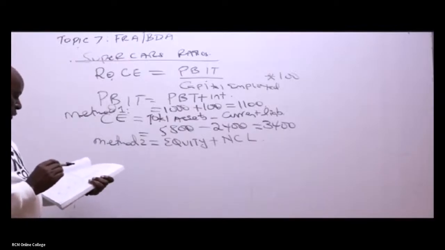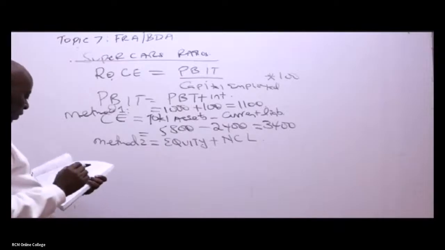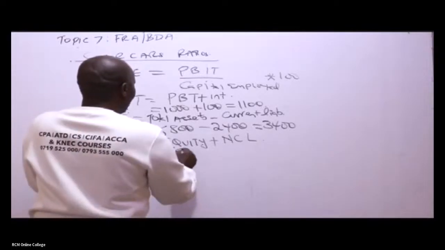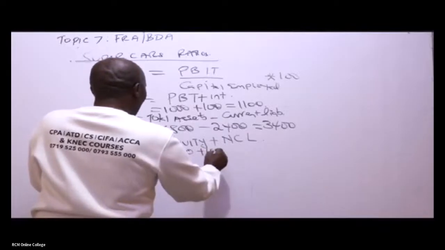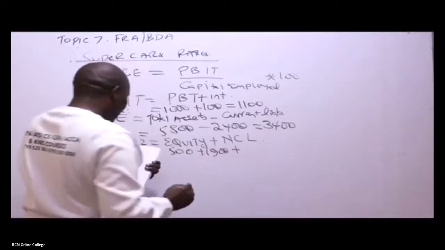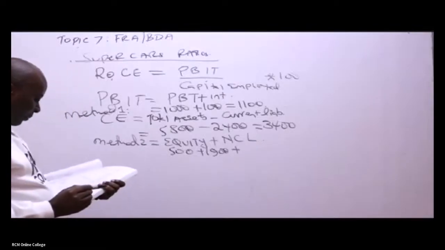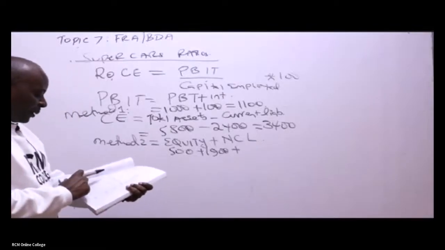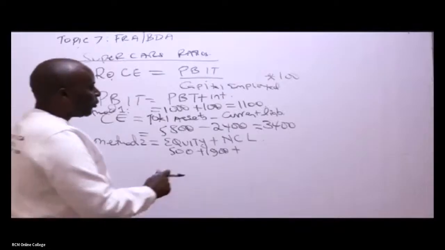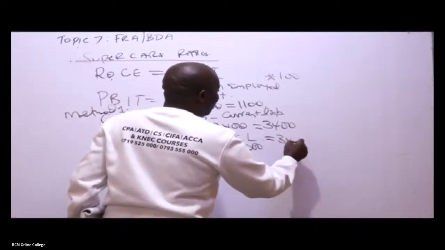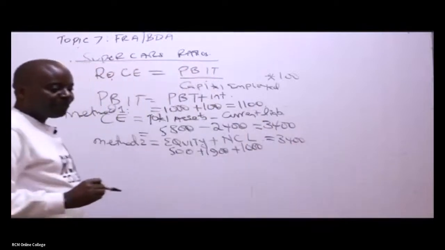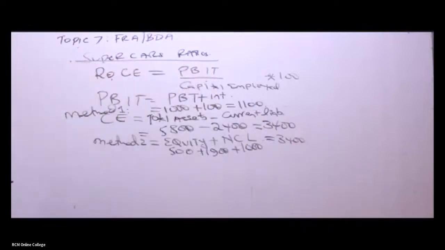We have ordinary share capital 500, and reserves, retained earnings 1,900. That is all. Then you go to the non-current liabilities, where you see 8% debentures of 1,000. So are you able to confirm that this will give us 3,400? Yes. Thank you, Felicitas.